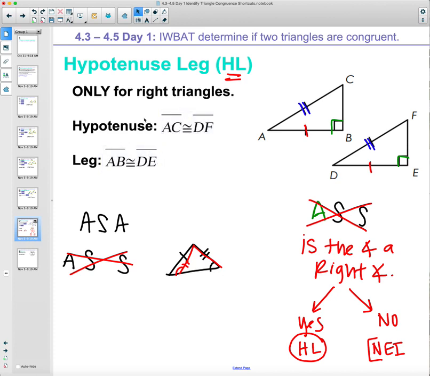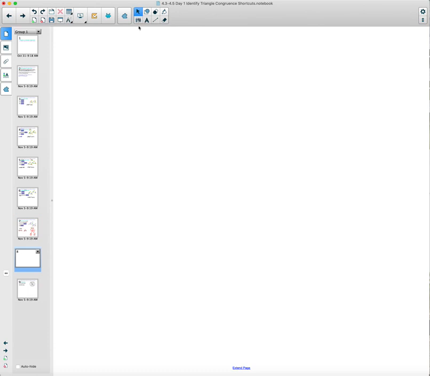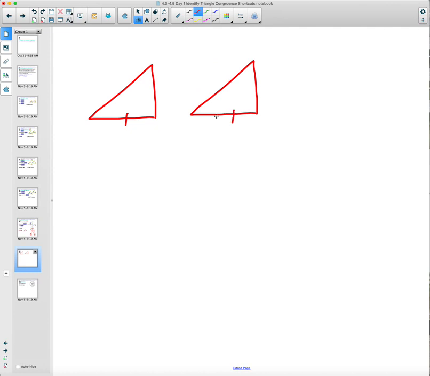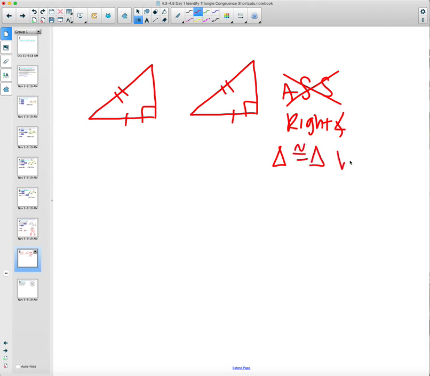So this is 2 sides and the non-included angle, which will give you HL as long as that angle is a right angle. So let me show you an example, 2 of these examples next to each other. So if we had something like this, which is what we had on the last screen, this would be two sides and the non-included angle, and then it is a right angle. So you would say these two triangles are congruent by HL.